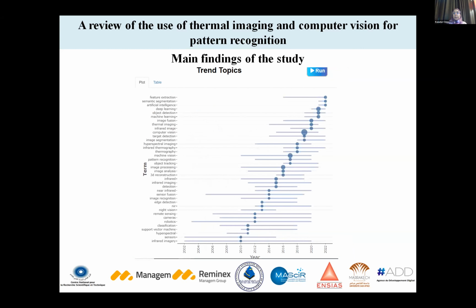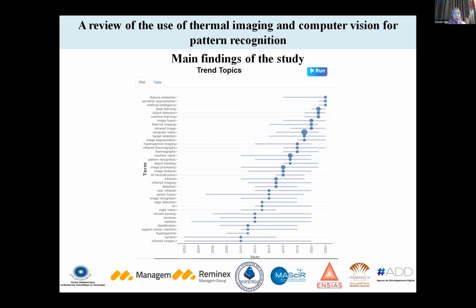And one of the most important results in the bibliometric analysis is the representation of the trend topics. The trend topics are the most relevant topics discussed by the articles in specific temporal periods.